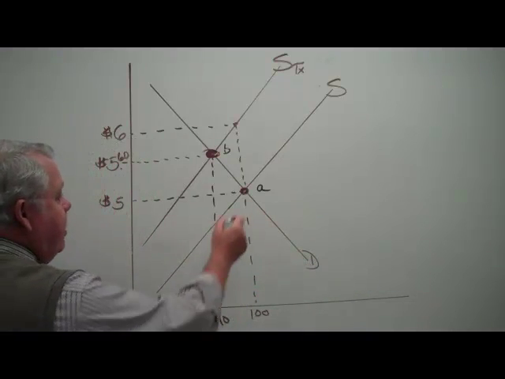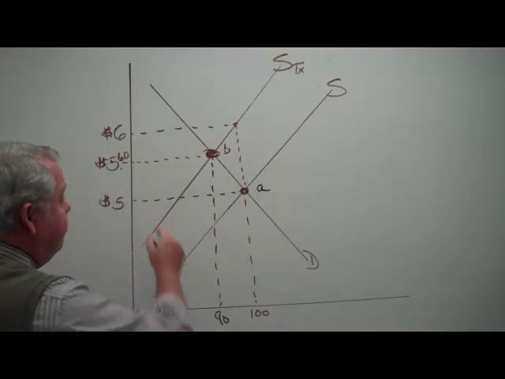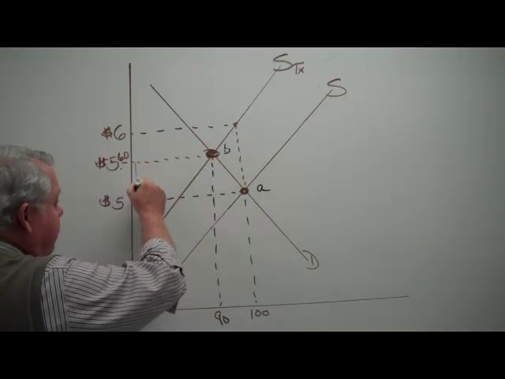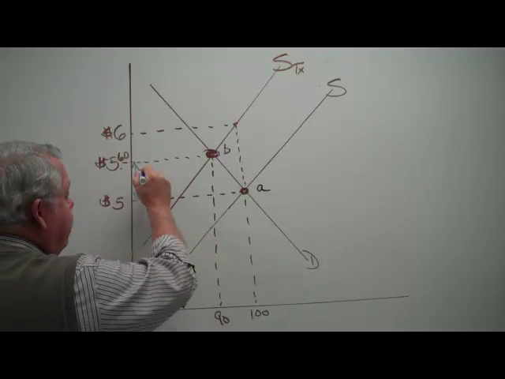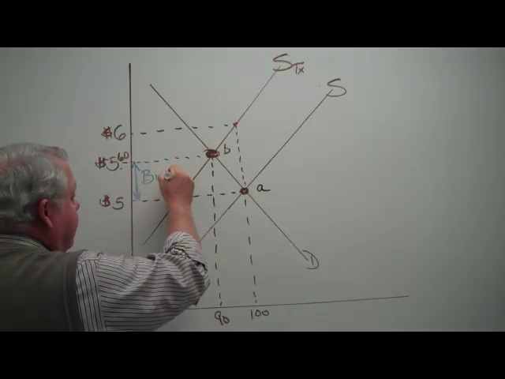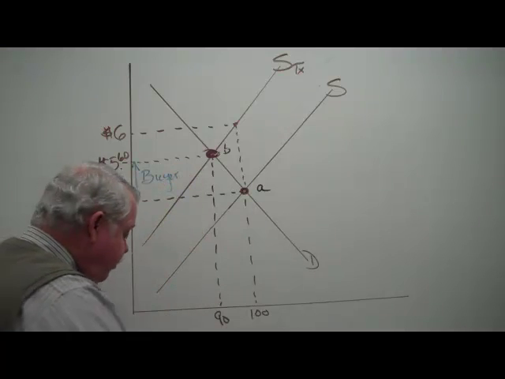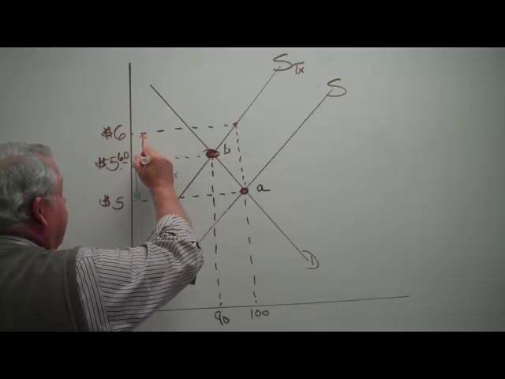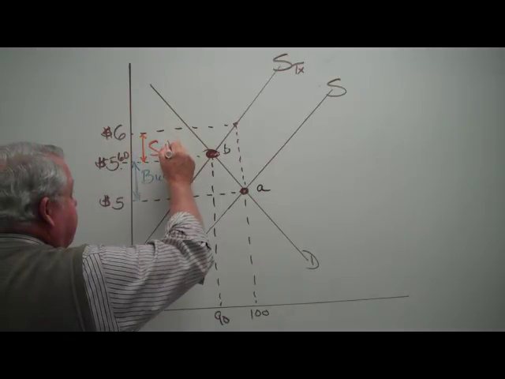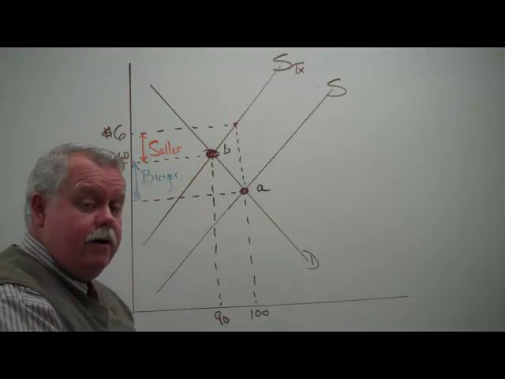We look at it this way. The change in the equilibrium price, this distance here, the change in the equilibrium price is paid by the buyer. The rest of it, the 40 cents, the amount up here, is paid by the seller. All right?